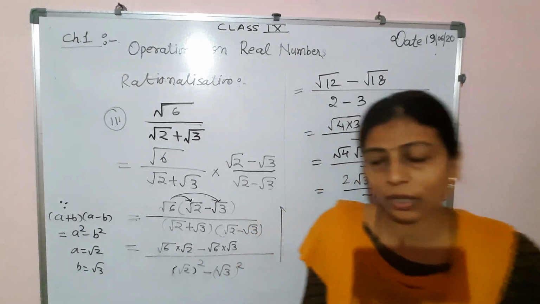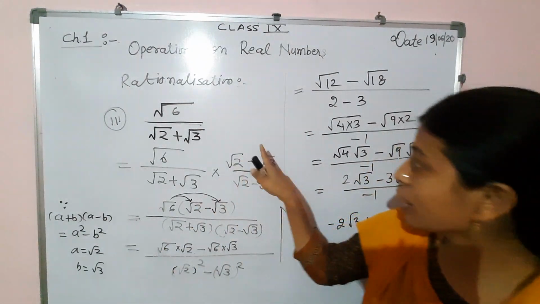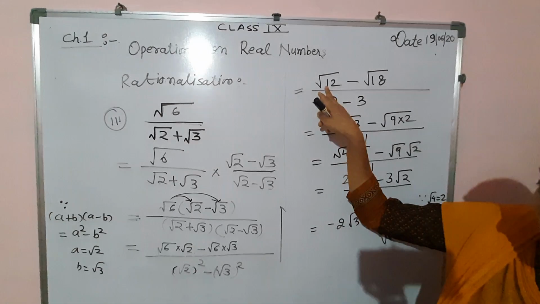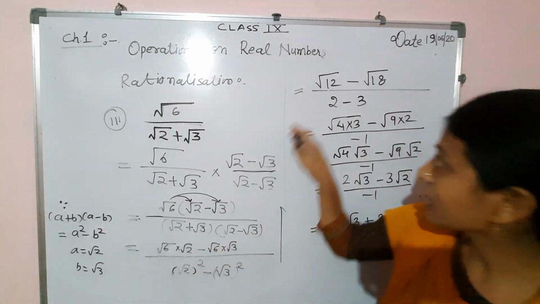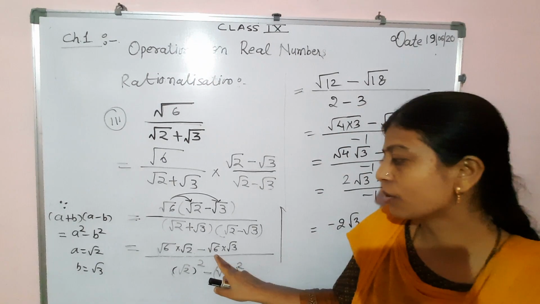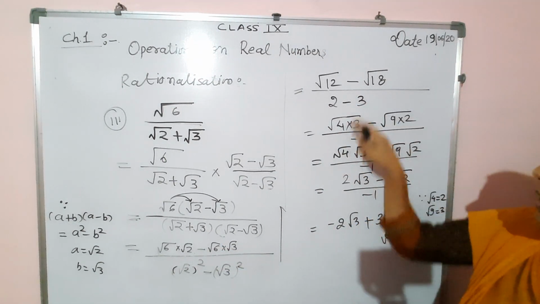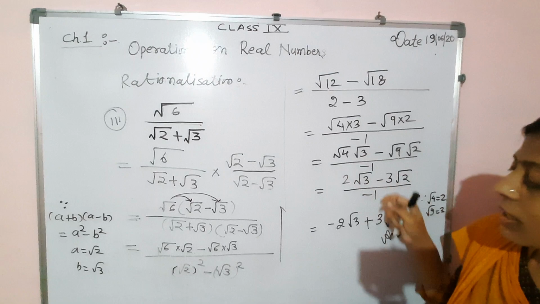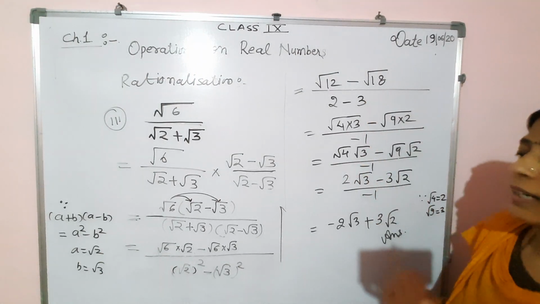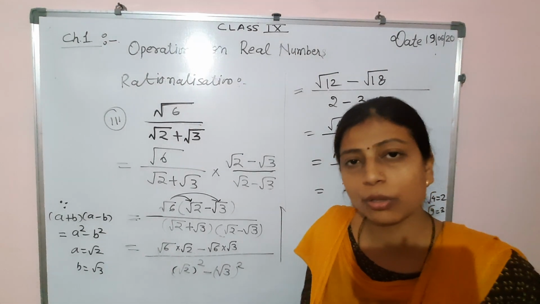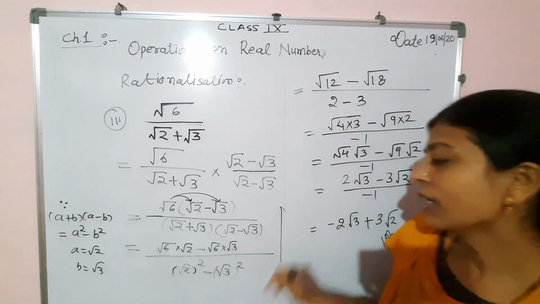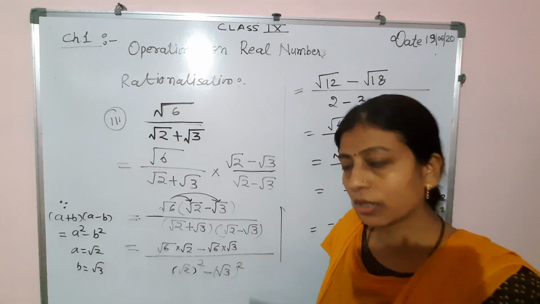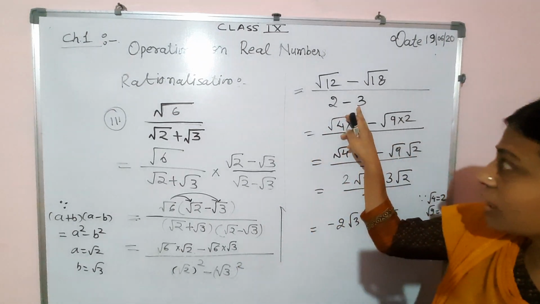Root 2 into root 6 is root 12, and the minus sign is here, so we put minus. Root 6 into root 3 is equal to root 18. And root 2 square, root 2 into root 2, becomes 2, and root 3 square, root 3 into root 3, becomes 3.